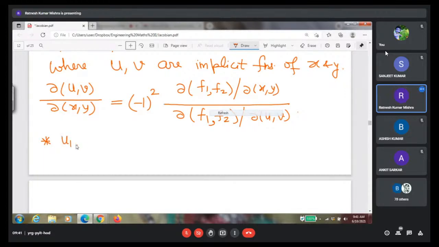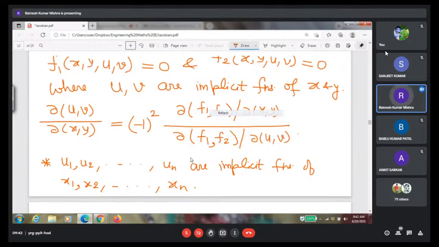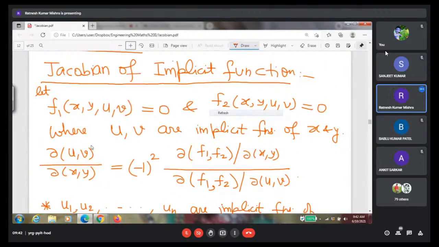Suppose u1, u2, ..., un, n number of variables, are implicit functions of x1, x2, ..., xn. Okay, and their functions are, suppose f1(x1, x2, ..., xn, u1, u2, ..., un) equal to 0.